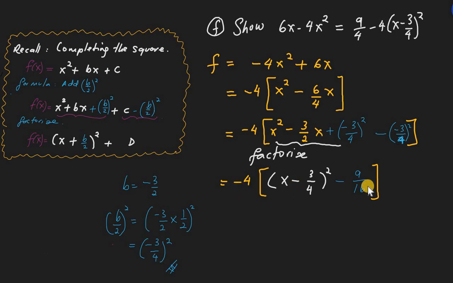Then let's expand this negative 4 inside. We get negative 4 of x minus 3 on 4 square. Expand it inside, minus minus plus, 4 and 16. Cut, divide by 4, divide by 4, we get over here 9 over 4.